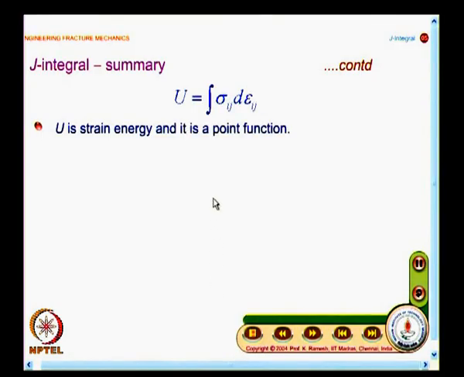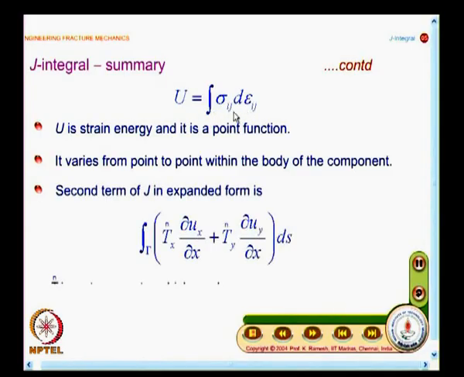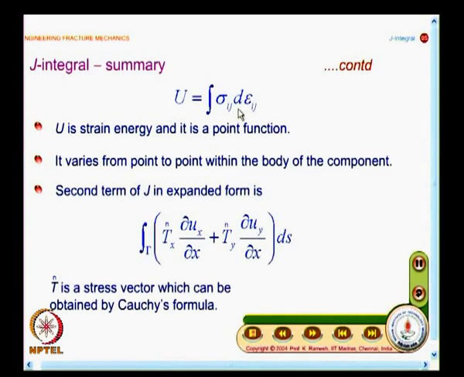So, before we do the calculation further, let us look at the terms a little more closely. The strain energy term is given as integral sigma ij d epsilon ij, and the traction term is expanded here. It was written as T i dou u i by dou x.